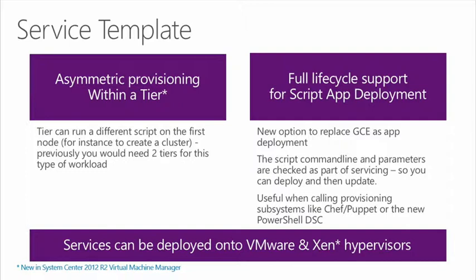We also have a better way of connecting and scripting that app deployment within the script deployment process. And what this allows me to do now is provide a better or more simple way of deploying virtual machines to handle subsystems like Chef or Puppet, which do a different way of deploying services than we do.